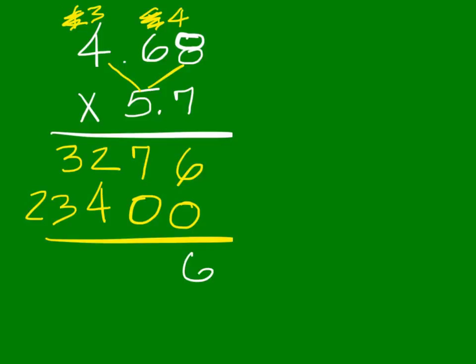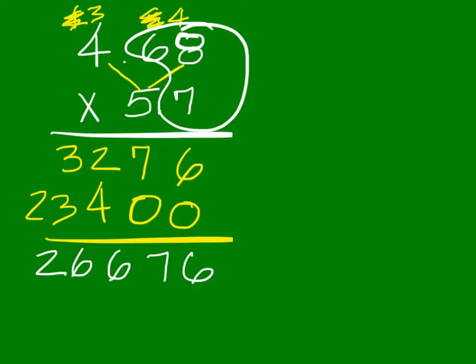So it should be 6, 7, 6, 6, and then a 2. You have 3 numbers to the right of a decimal point. So 26.676.